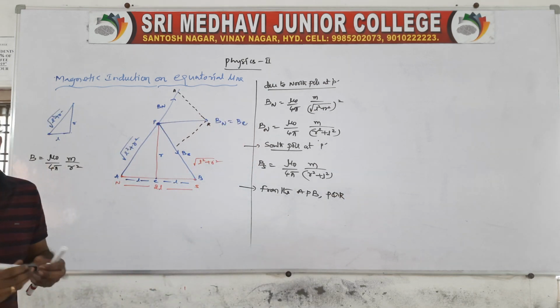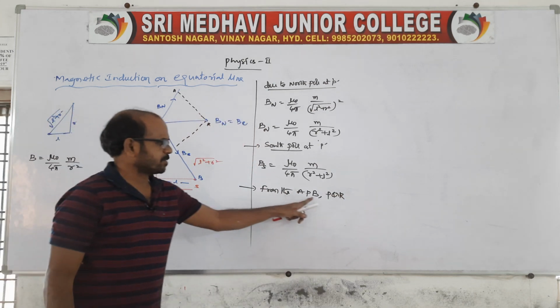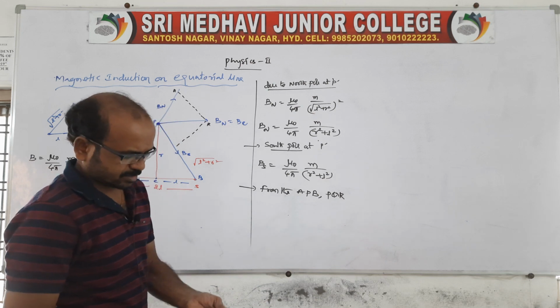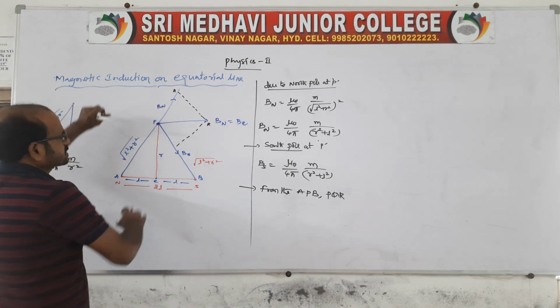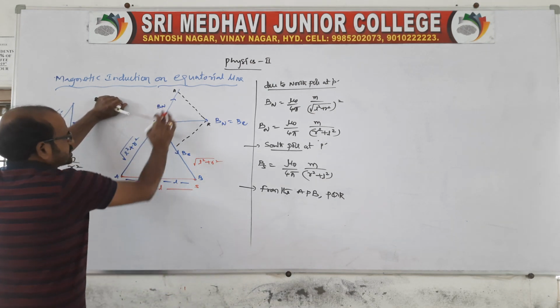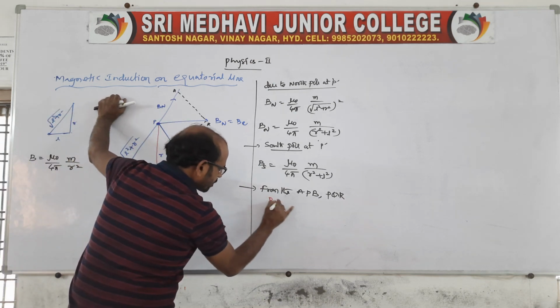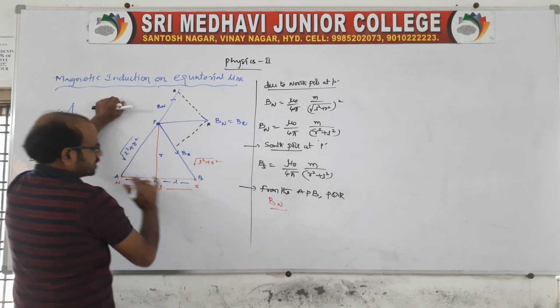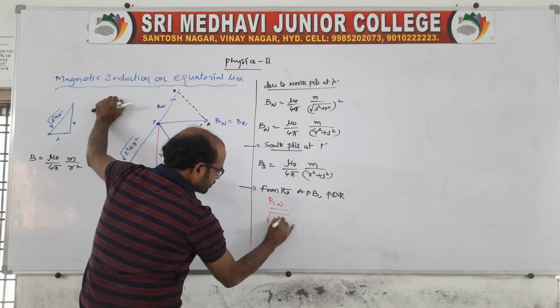By using these triangles APB and PQR, let us apply the similar triangle principle. Say BN by this length, that is root over R square plus L square.